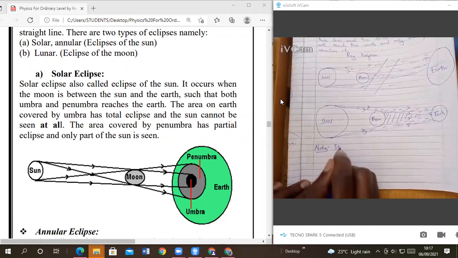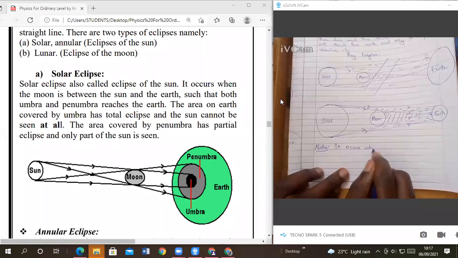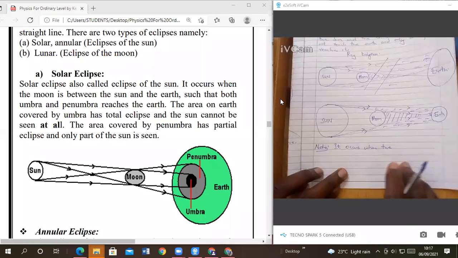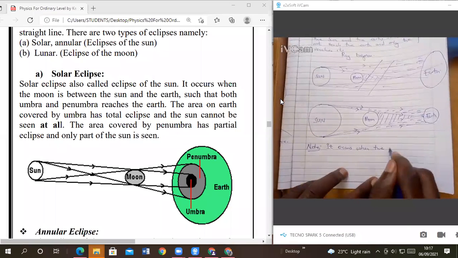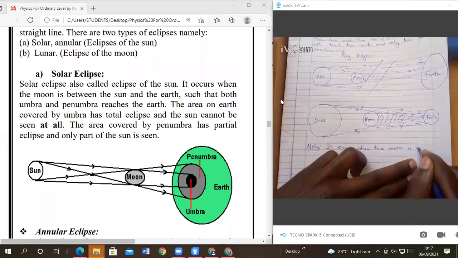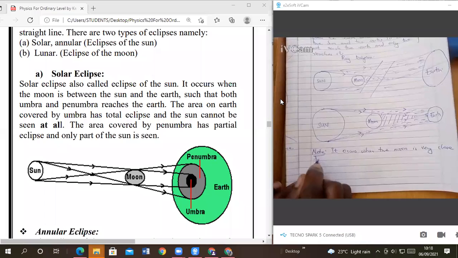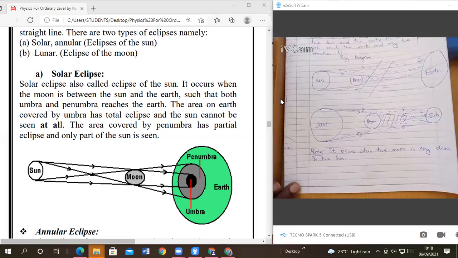It occurs when what? Members, it occurs when what? When the moon is very close to the what? The sun.